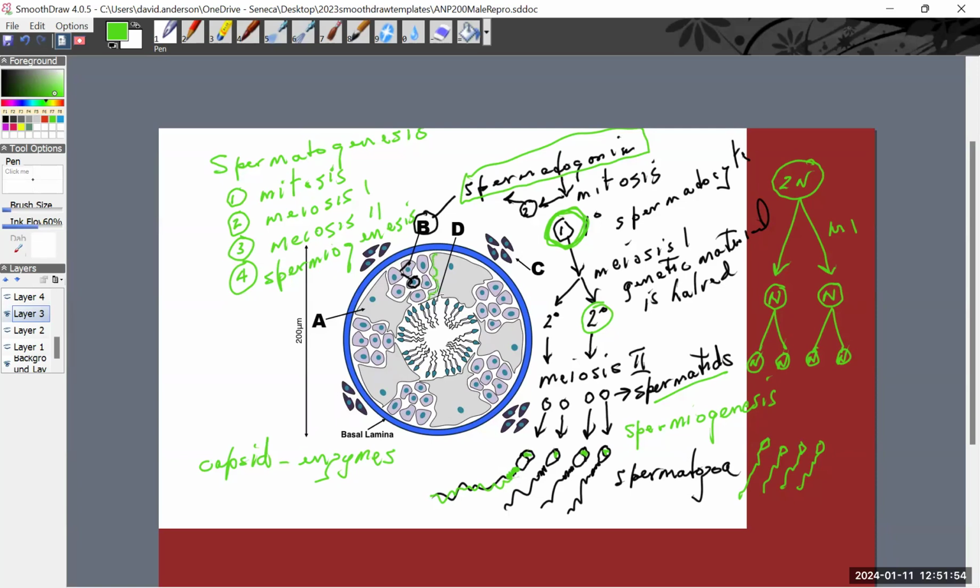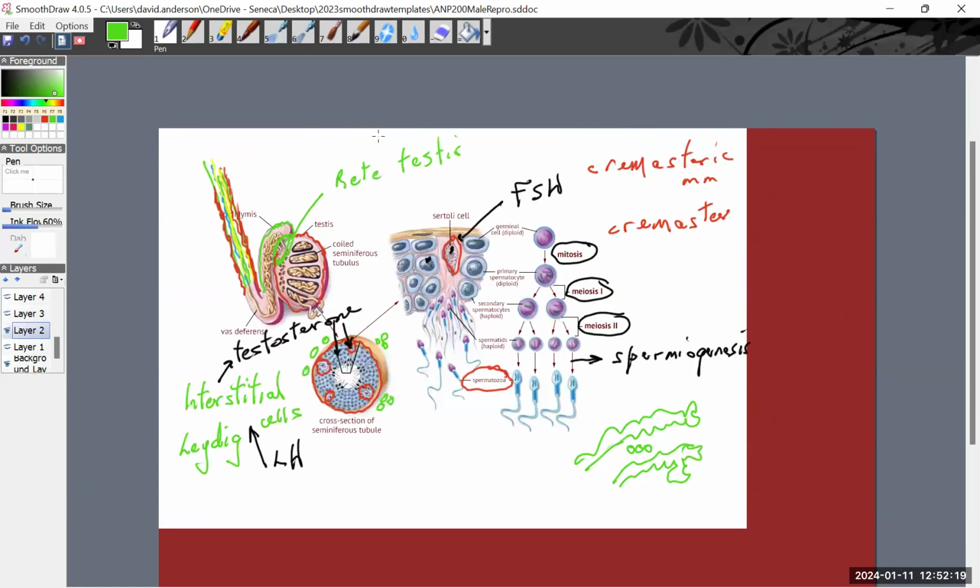So in our diagram here, you can see this nurse cell has a large amount of cytoplasm, and that cytoplasm provides nutrient and guidance for the direction of spermatogenesis towards the lumen. Once these are entered into the lumen, they are mobile enough to funnel into the epididymis. So remember our pathway for our epididymis. Here we have our Sertoli cell guiding the process of spermatogenesis from a spermatogonia to a primary to a secondary, spermatids, spermatozoa.